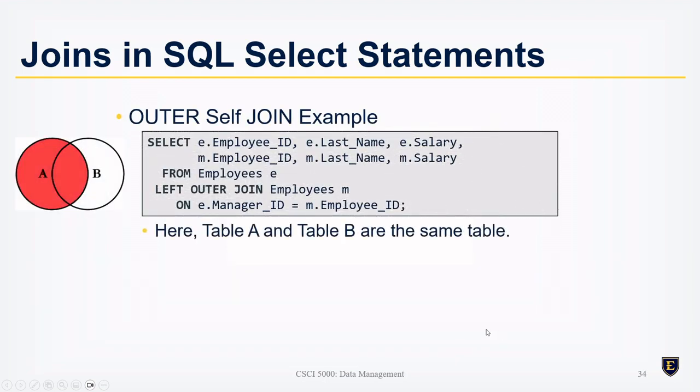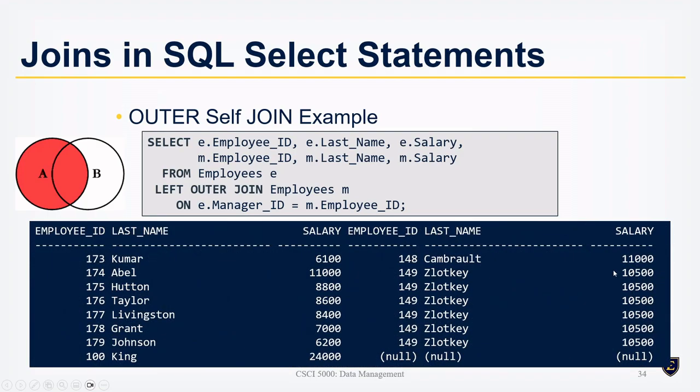You can also do an outer self join, and here table A and B are the same table. But notice that in this case, because Stephen King is the president of the company, he does not have a manager. So in that particular case, the manager for Stephen King would be null.